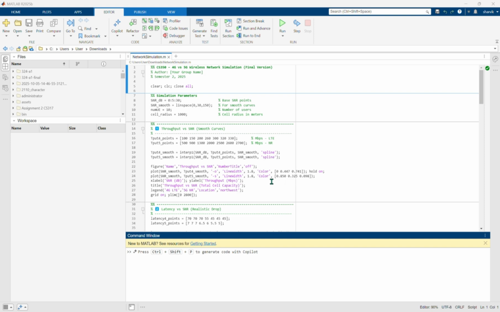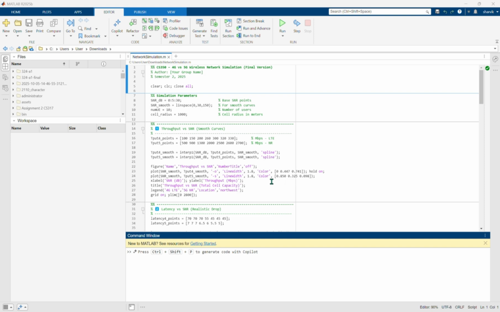We also specify 10 user devices randomly distributed within a 1 kilometer cell radius to simulate a real cellular environment where some users are close to the base station while others are at the edge of the coverage and some in the middle.